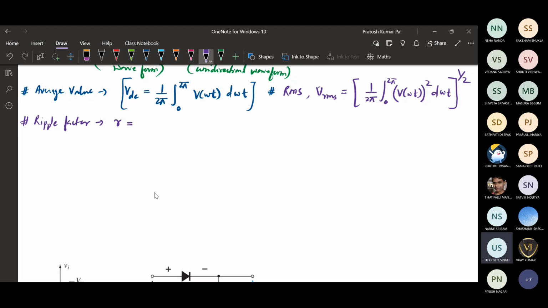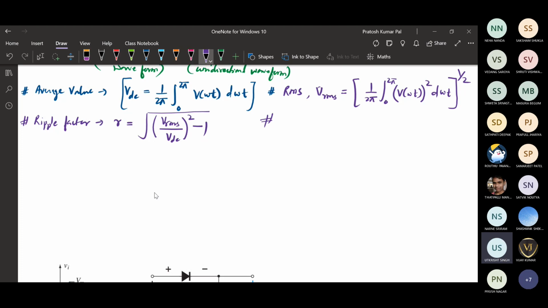So whatever converted output we have got, it indicates how much AC component is still there. There are some formulas that you should be remembering. It is the square root of the RMS value divided by the DC value, whole squared, minus 1. So this will give you the ripple factor.